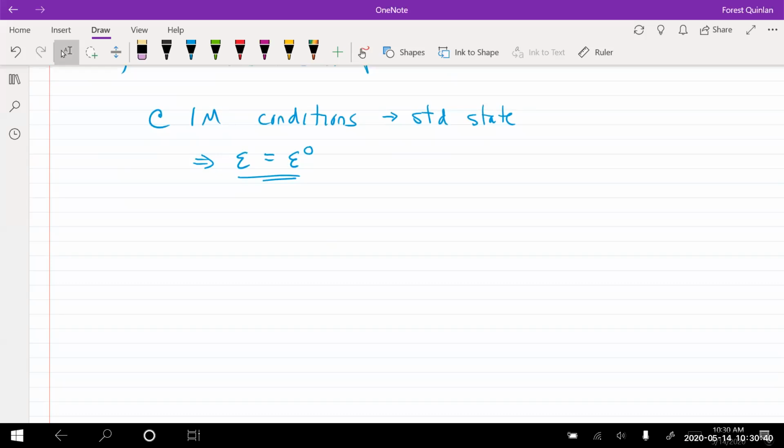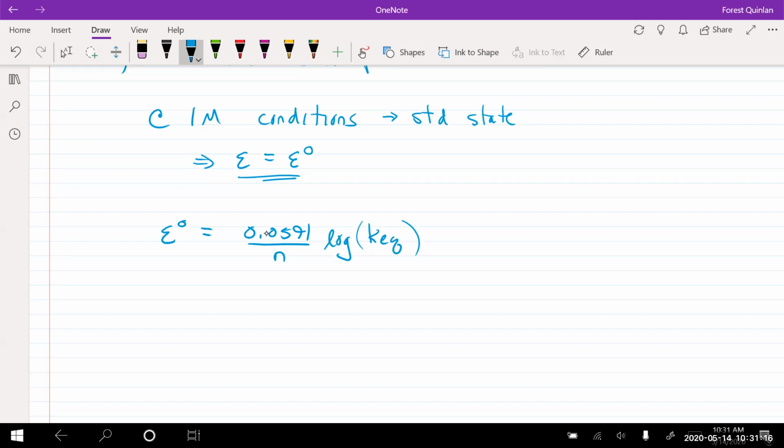But if E is equal to E naught and that log factor goes away, then that really comes down to this. The E naught is equal to 0.0591 over n log of KEQ.